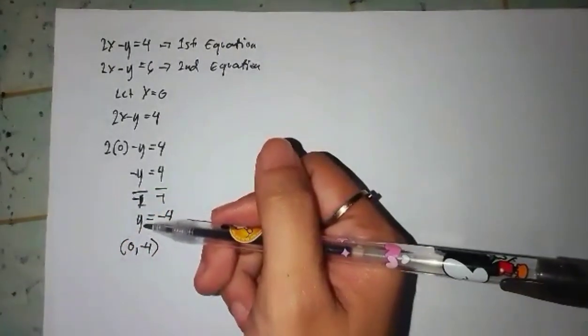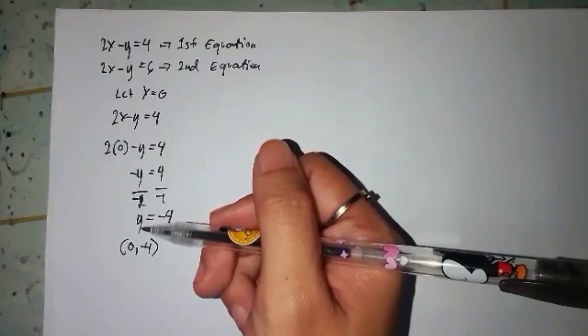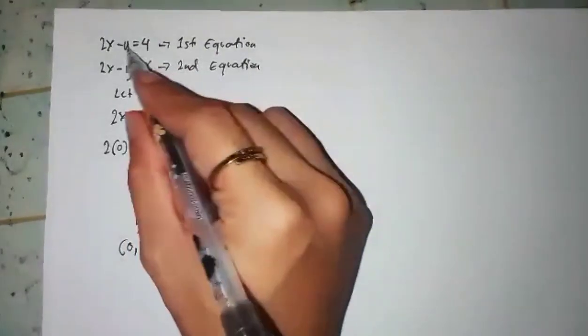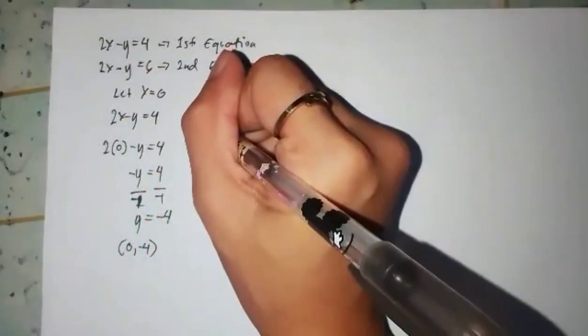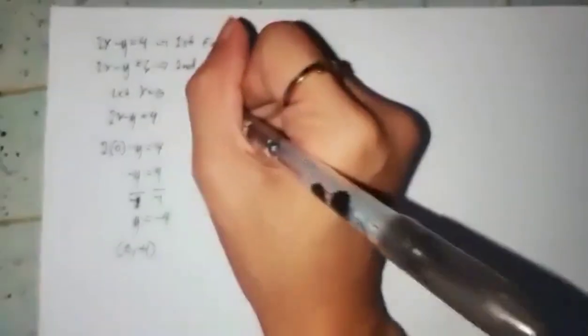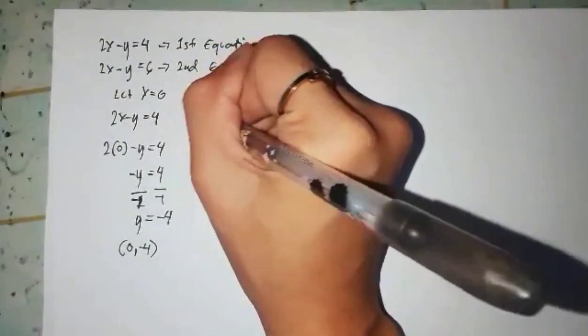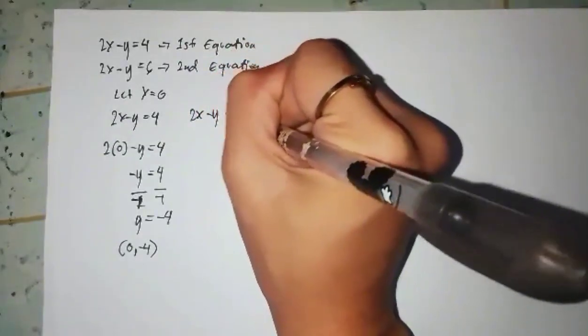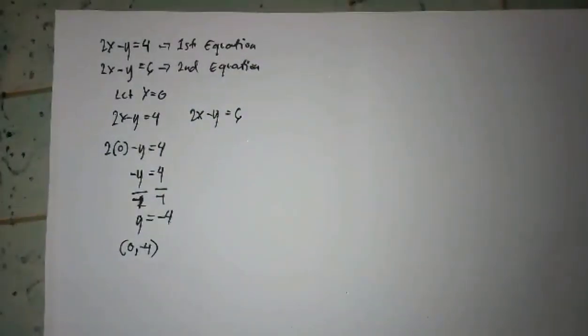And for the second equation, 2x minus y equals 6. Again, let x be 0.